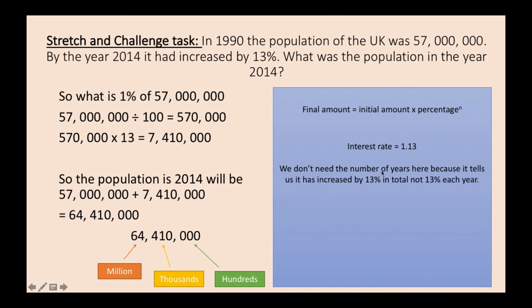And then we don't need the number of years here because it tells us it's increased by 13% in total, not 13% each year. So we don't actually need to use the n section, which is good. So the final amount would be 57 million times 1.13, and that gives us a final answer of 64,410,000. And as you can see, it's the same answer, but it was only one quick multiplication instead of doing all of this working out. Okay, so it's just easier.